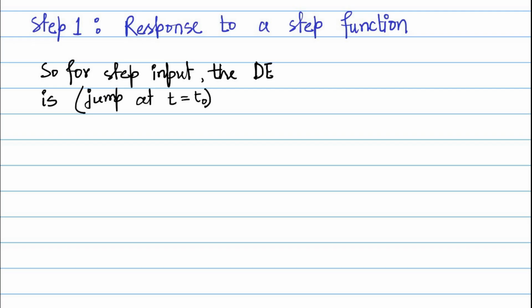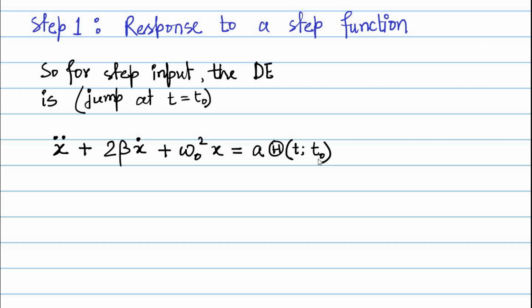So this can be written as x double dot, where dot means derivative in terms of t, plus twice beta x dot plus omega naught squared x equals a times a theta function that jumps at t equals t0.